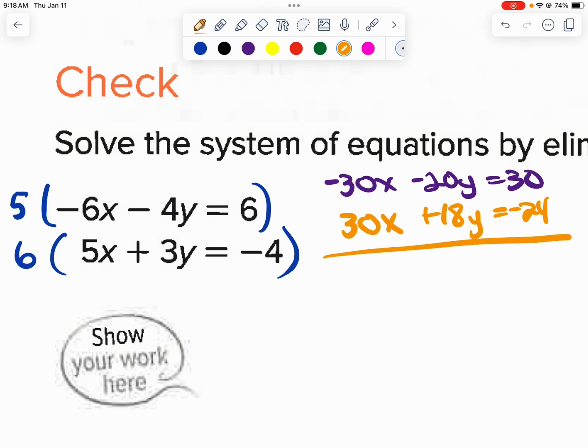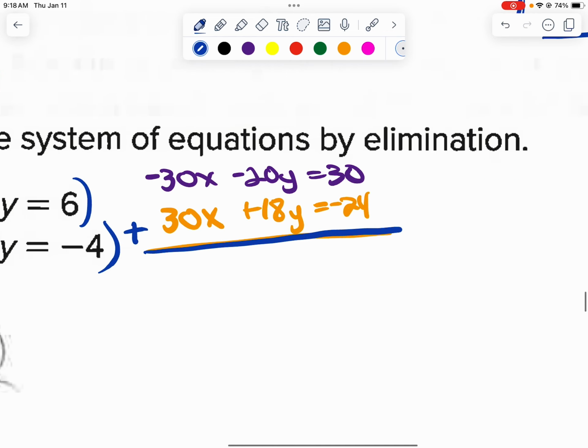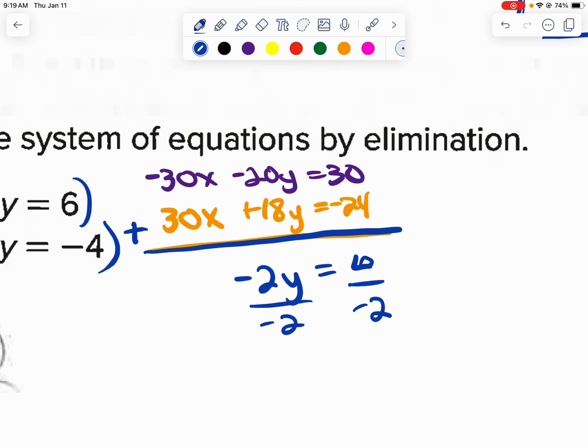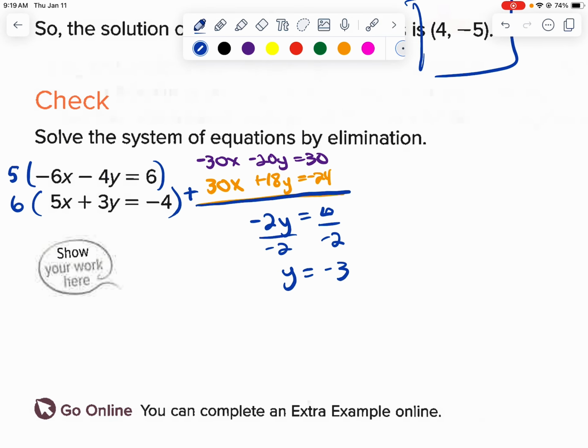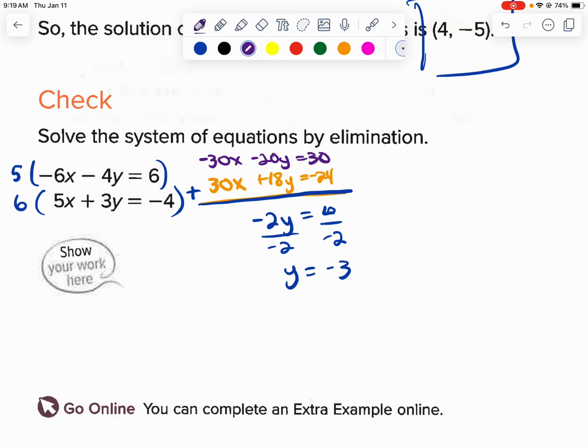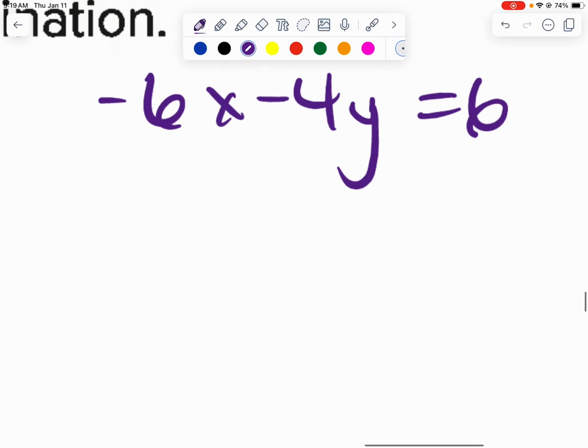Notice the x's have opposite coefficients. So that would get me -2y equals 6. I divide by -2, y equals -3. Then I need to plug it back into an original equation. I'm just going to use the first one. Doesn't matter.